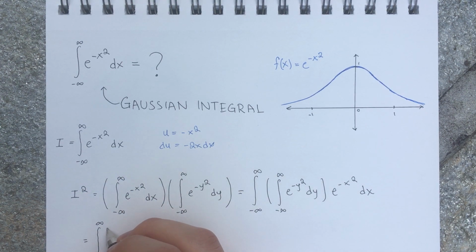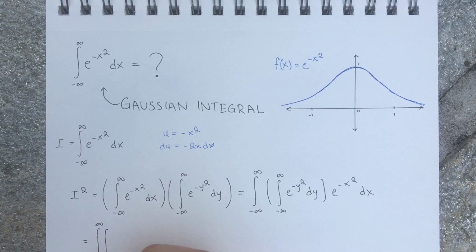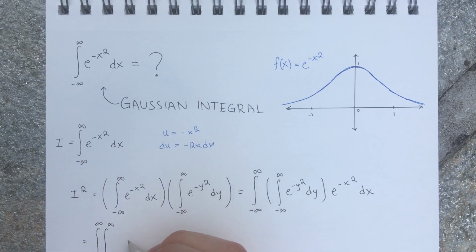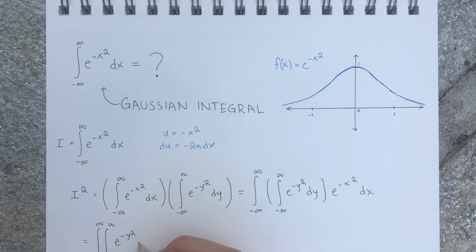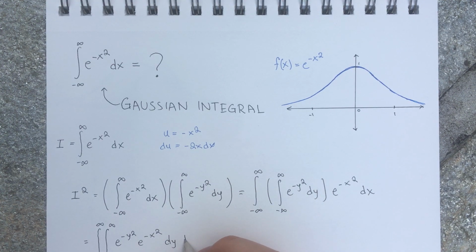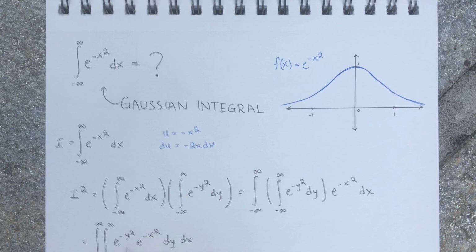So that'll actually give us a double integral of the function e to the minus y squared, e to the minus x squared, and then dy dx. And since these are both exponents, we can actually combine them into one term.